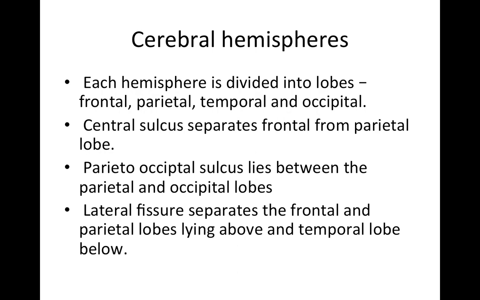That means the frontal lobe posteriorly has the central sulcus of Rolando, and inferiorly the lateral fissure. The parieto-occipital sulcus lies between the parietal lobe and the occipital lobe. The lateral fissure separates the frontal and parietal lobes lying above, and the temporal lobe below the lateral fissure.